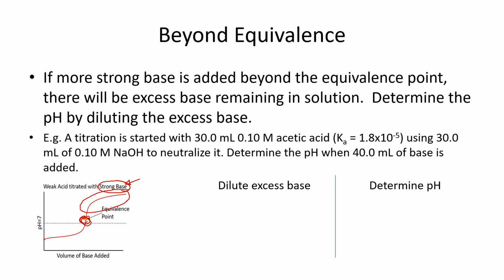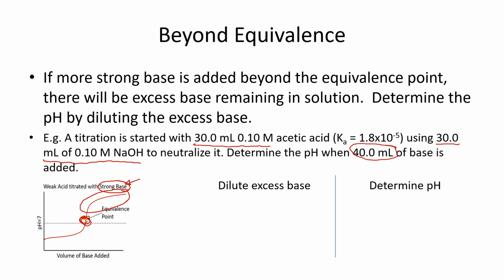So it's pretty simple once you recognize that. In this case, we have 30 milliliters of 0.1 acetic acid, and it can be neutralized with 30 milliliters of the 0.1 sodium hydroxide. So after 30 milliliters has been added, then it's just going to be sodium hydroxide really in there that's determining the pH.